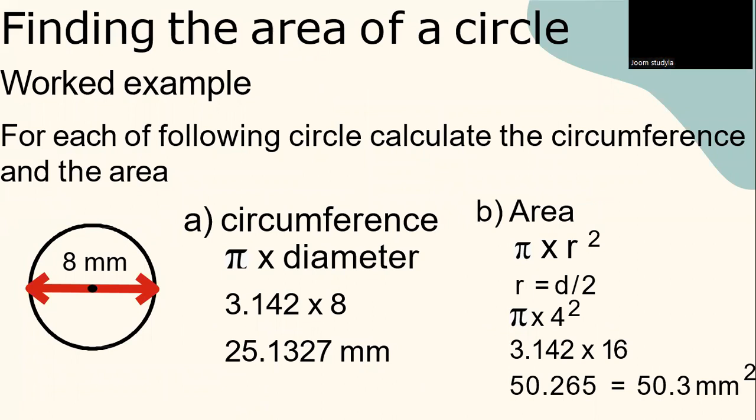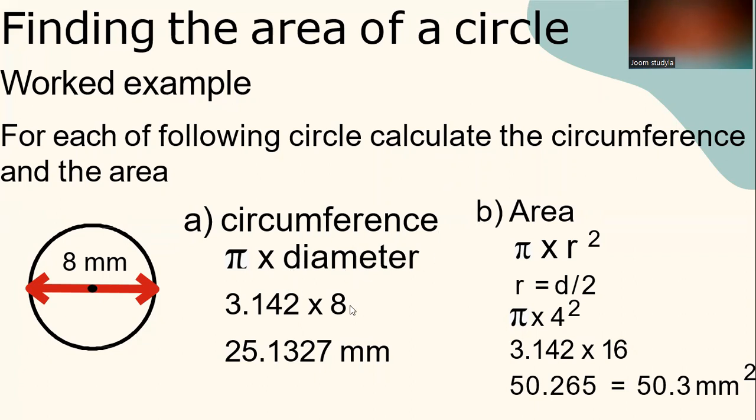Okay, let's look at how to find the circumference and the area of a circle. First, finding the circumference of a circle. The formula for the circumference of a circle is pi times diameter.